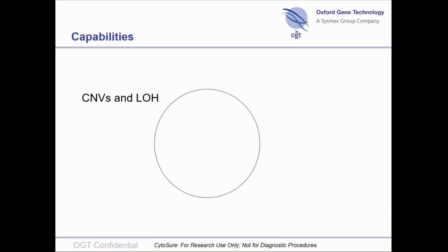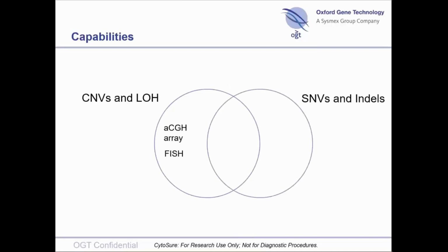Now, in terms of capabilities, you can split this roughly between two different avenues. You have your CNVs and loss of heterozygosity, and then you have your SNVs and indels. For the CNVs, the array has been the gold standard that we've mentioned before, as well as FISH. And then for SNVs and indels, you have exomes, so it would be the whole exome or an exome panel, or targeted NGS panels as well.